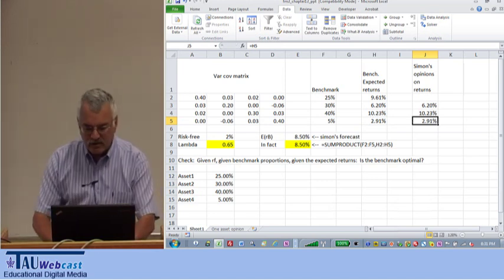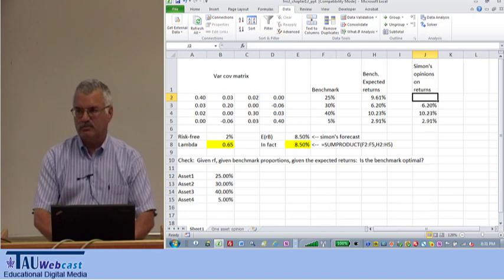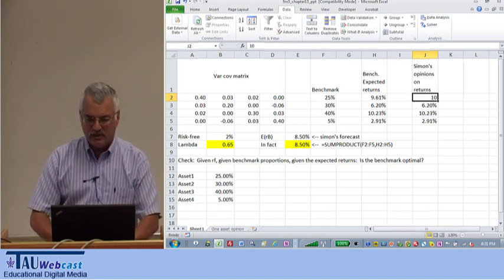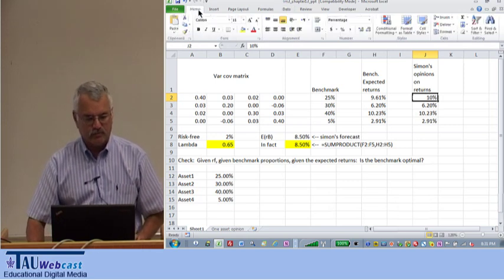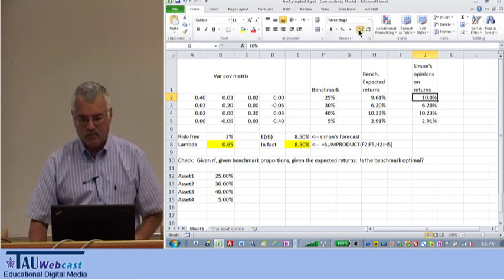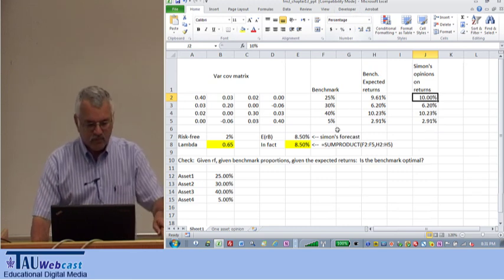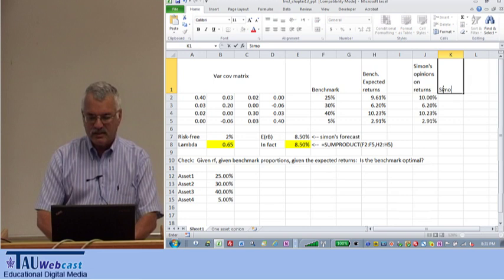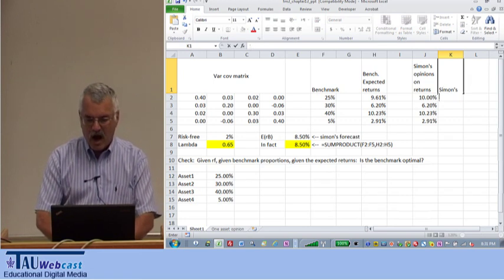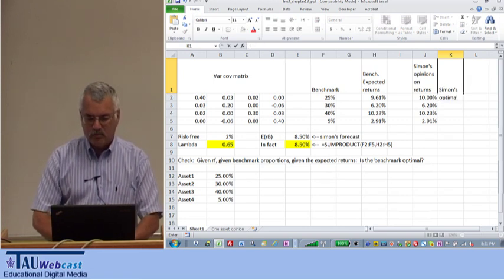But I think, because of this family relationship that I have, that asset 1 has a 10% return. So, what's Simon's optimal portfolio?